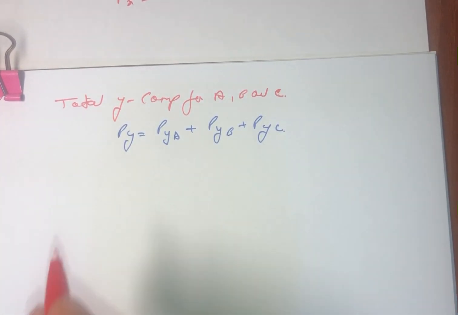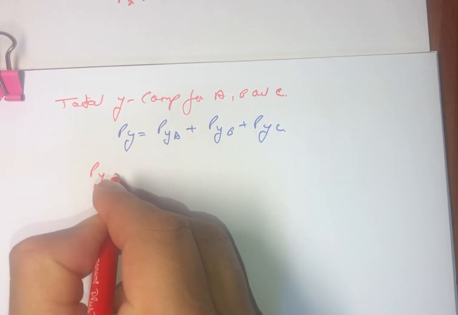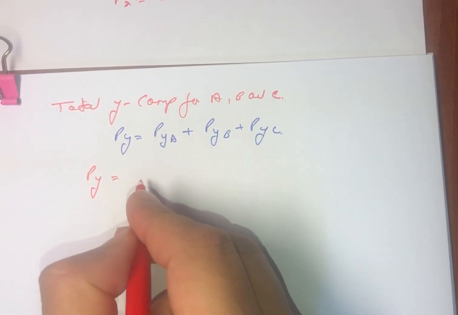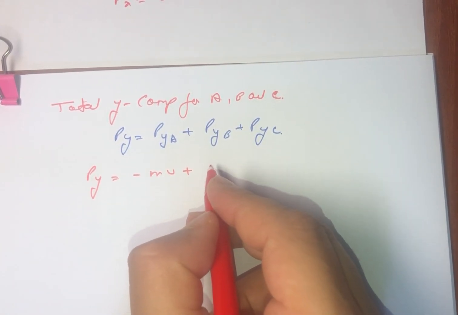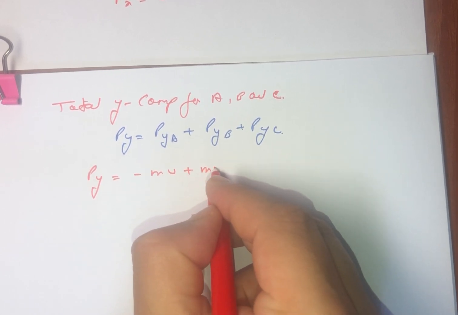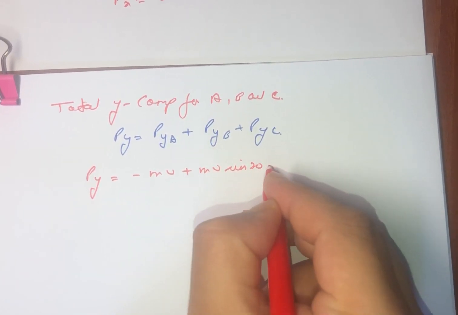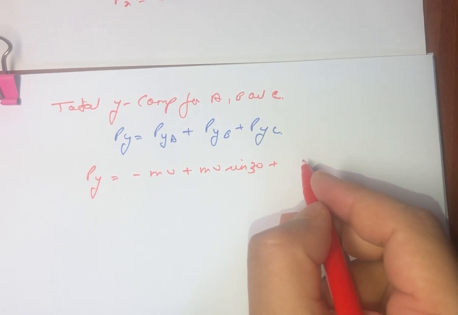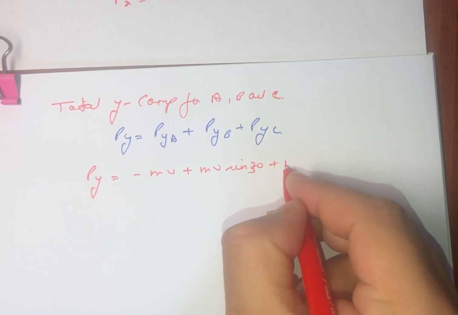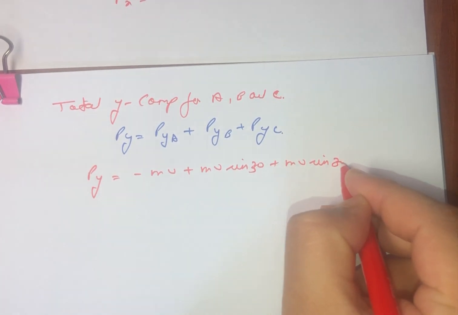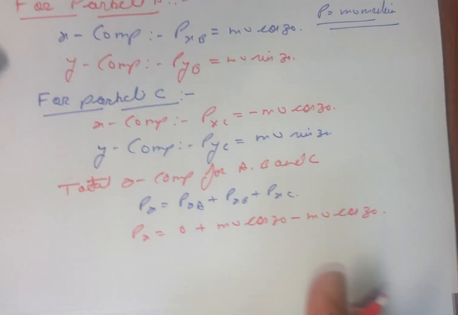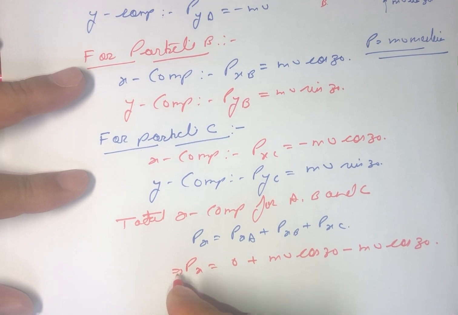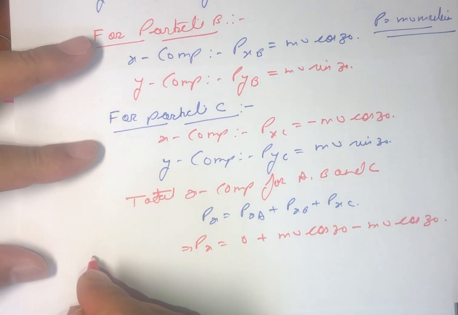We substitute the values, so we get Pya is minus mv, Pyb is plus mv sin 30, and Pyc is also mv sin 30. So this was the momentum before the collision.